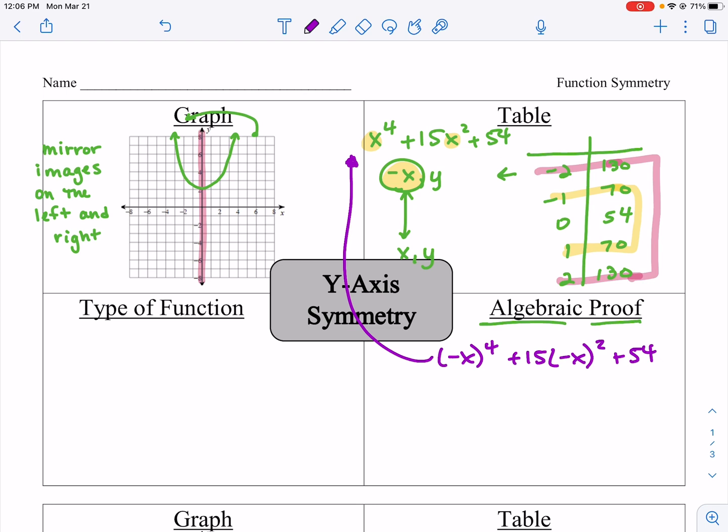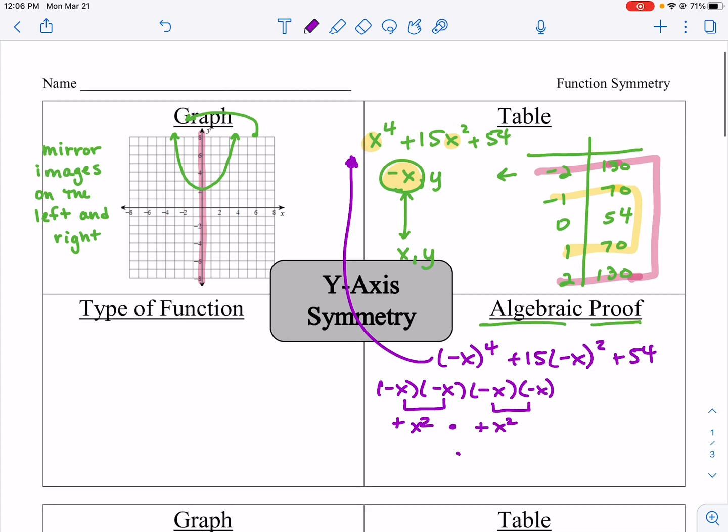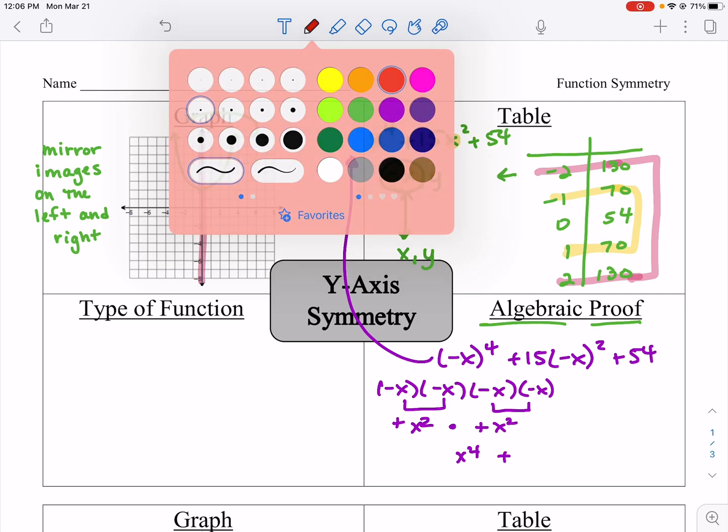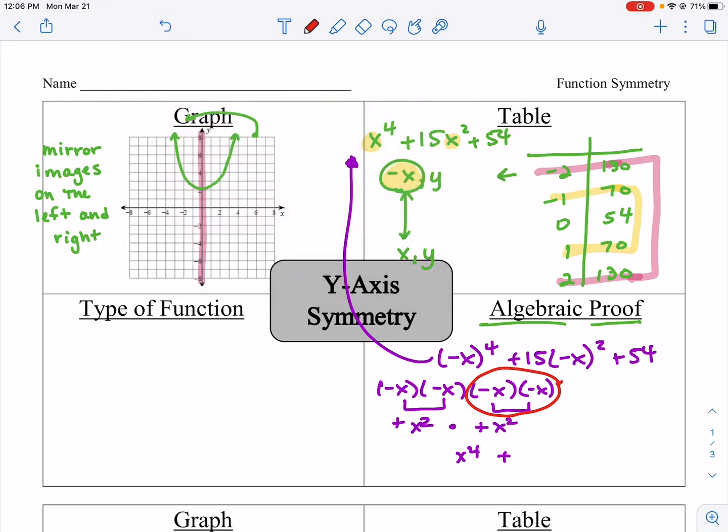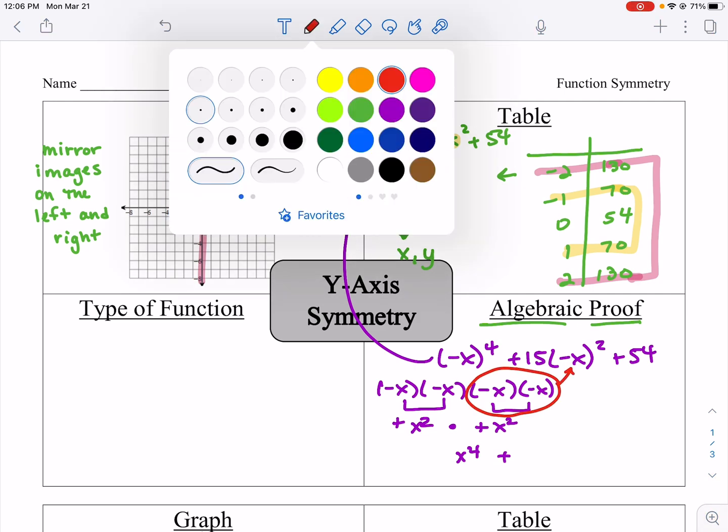So again, when you think about a negative x to the 4th power, that's like 4 negative x's. Well, 2 negatives make a positive, and x times x is x squared. 2 negatives make a positive and x squared, and a positive x squared times a positive x squared is x to the 4th. So plus, there's that x squared, which is just, that part is just half of this right here, so that's another positive x squared, right?